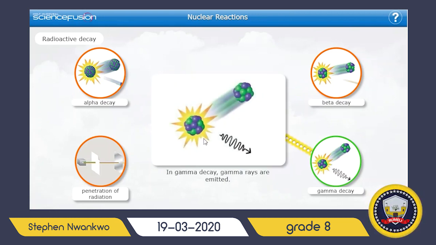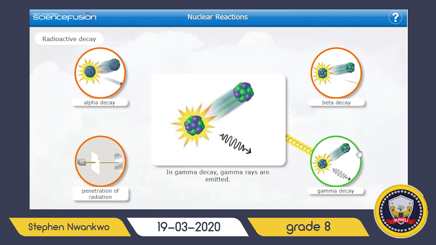In gamma decay, which is actually different from alpha and beta decay, we are not talking about giving out a particle like an alpha particle or beta particle. Instead, in gamma decay we have gamma rays.